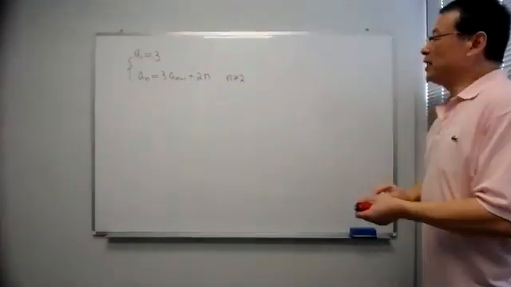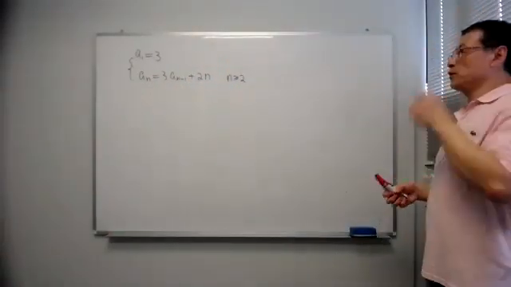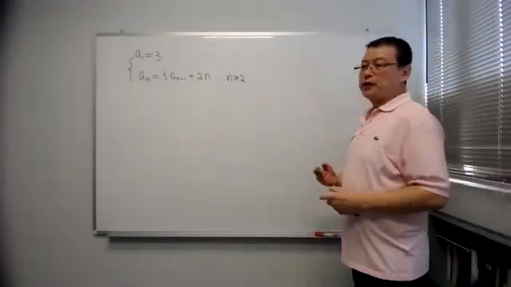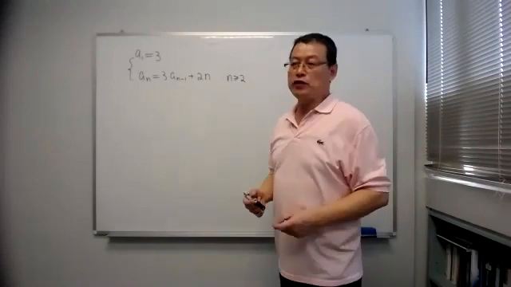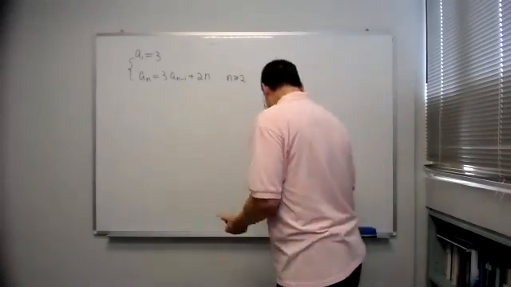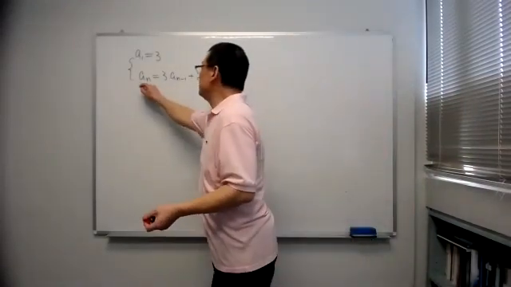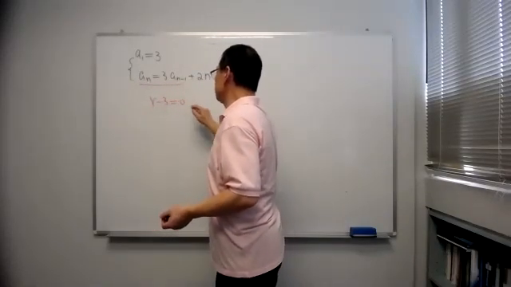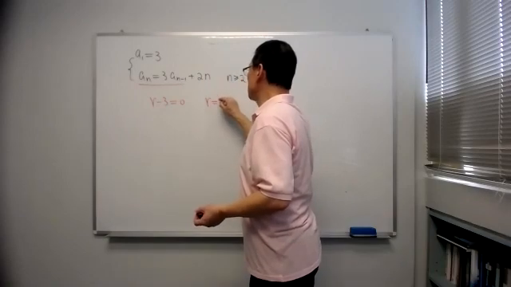So for this non-homogeneous difference relation, we try to get it from the formula. So for this one, the characteristic equation is very simple. The homogeneous part is just this one. So here is the characteristic equation. So we have root equals 3.